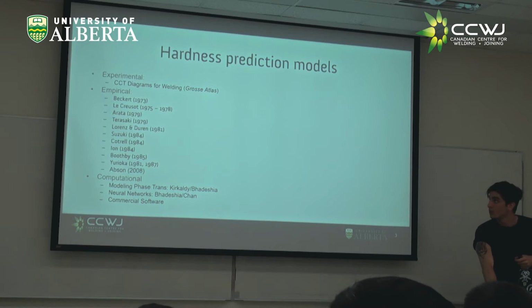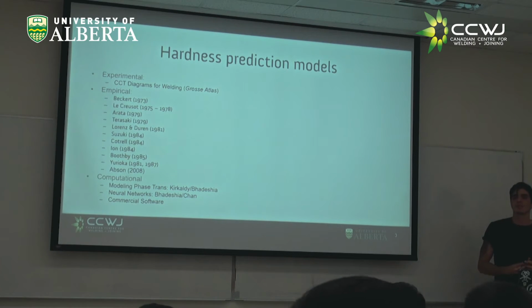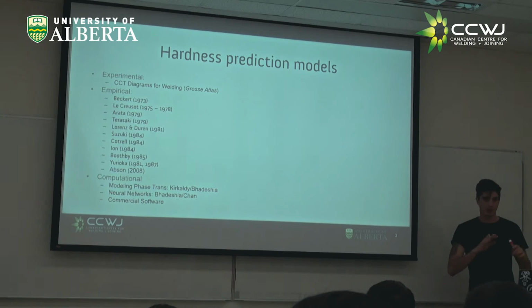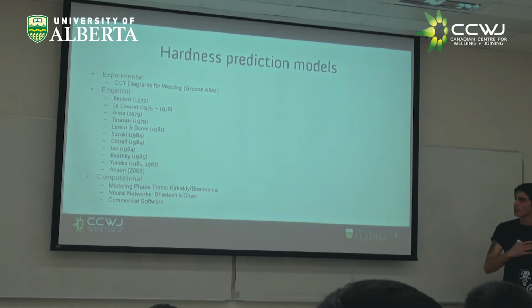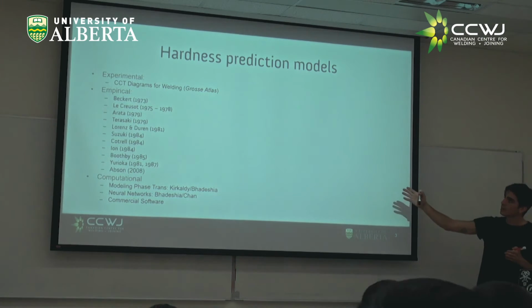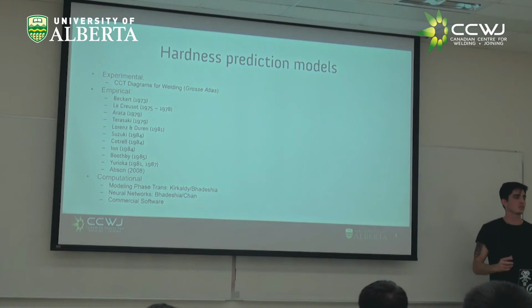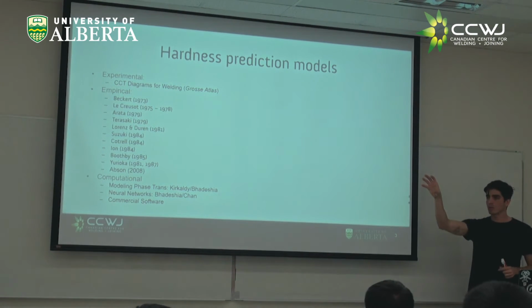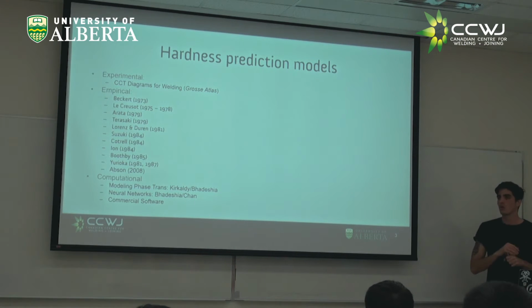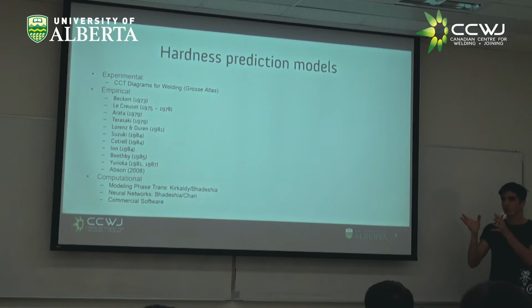But I want to show you the ones that you can use on your spreadsheet, or even when you have a pen and a calculator, because if you don't have a calculator, you're kind of screwed. All these models are empirical models, just simple equations where you put in the chemical composition and your cooling rate, you make a few calculations, some steps, and you get to a value.